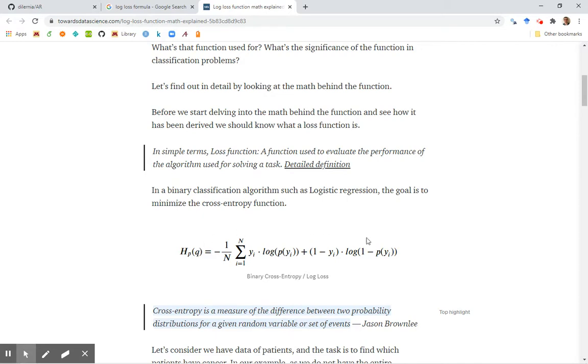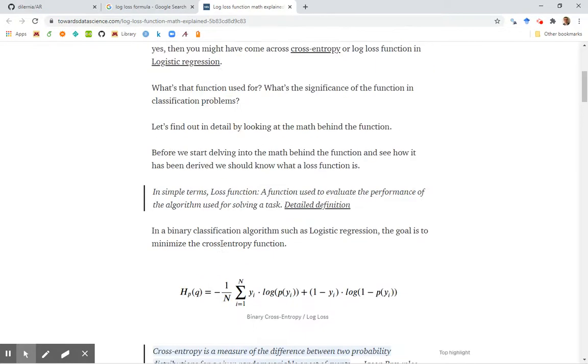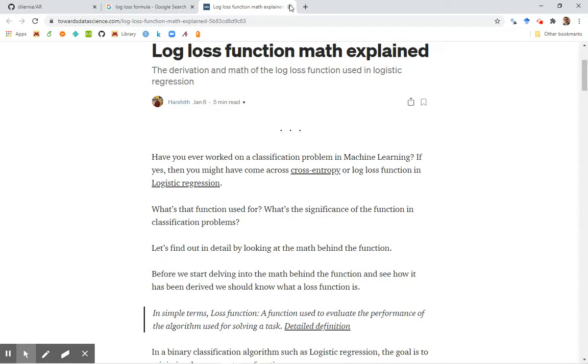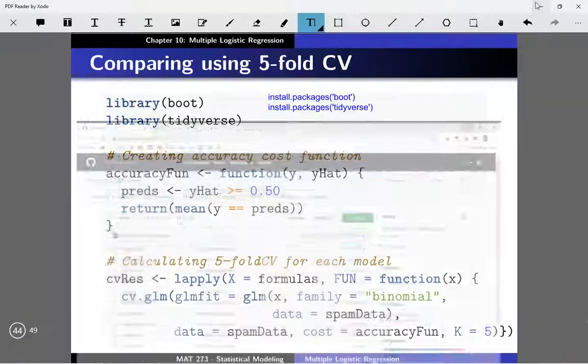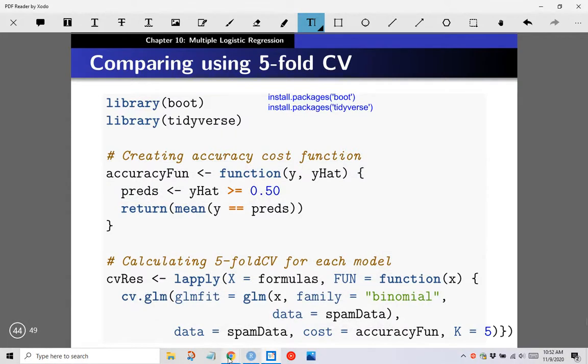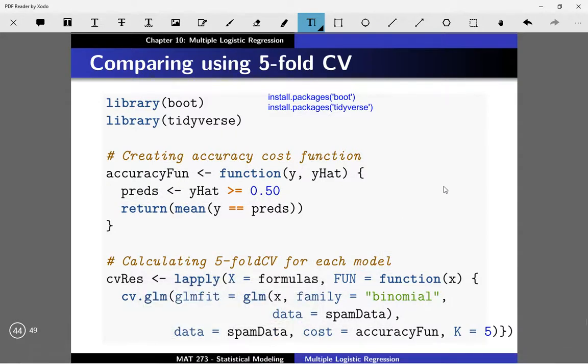Anyway, we're not going to use log loss in this class, but there are certainly other functions we can use besides accuracy, but we're just going to be using classification accuracy across the folds here.